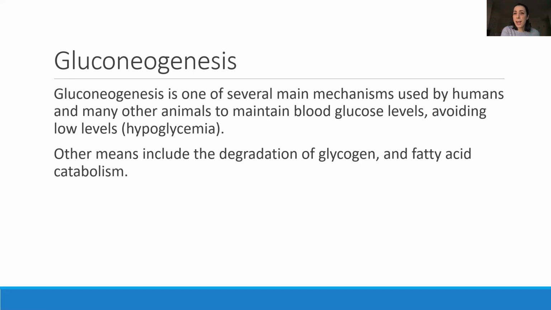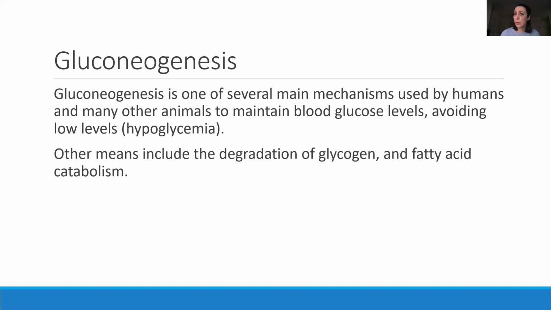So we want to avoid having low circulating levels of glucose, because that would signal to our body that we are low on sugar. One way to show that we are not low on sugar is to increase the levels of circulating glucose by using gluconeogenesis.